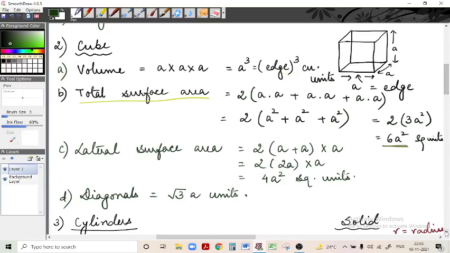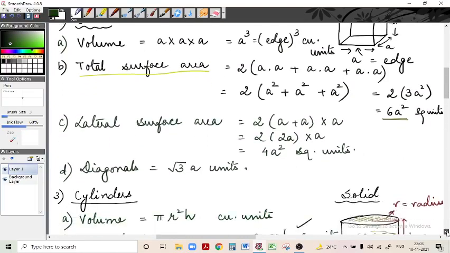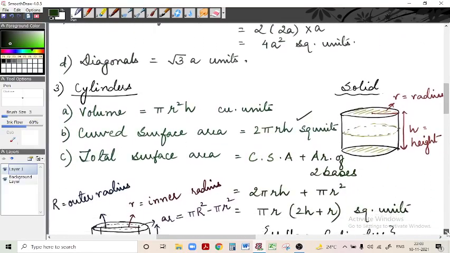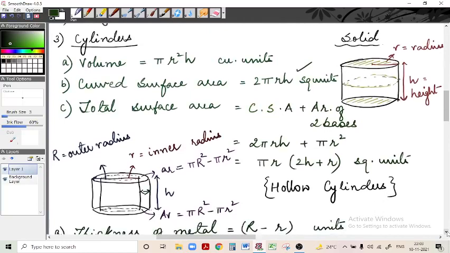Then comes your cylinder. About cylinder I have shown you how we can find out the volume, curved surface area, total surface area for solid cylinders or for hollow cylinders, right?